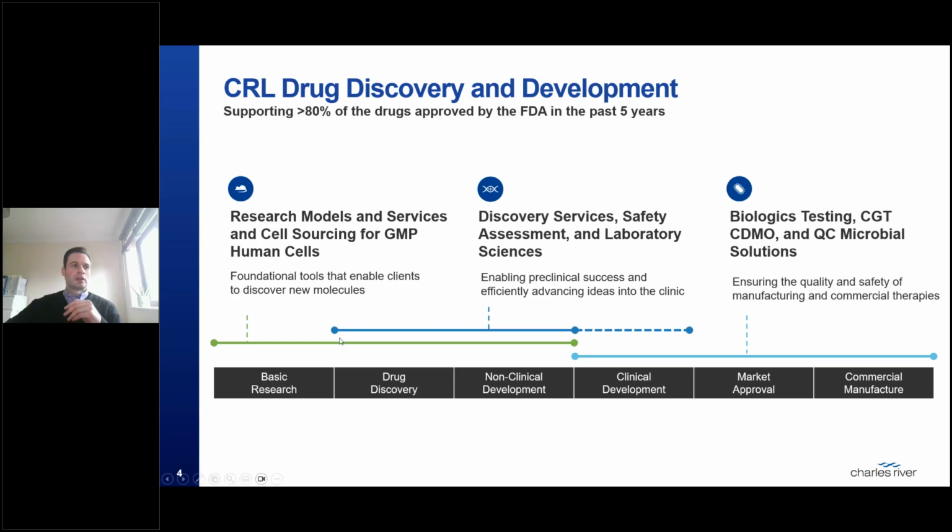So Charles River covers all stages of pharmaceutical research, starting from basic research to commercial manufacturing. My department belongs to the discovery services that cover all early drug discovery and non-clinical development stages, and some aspects of the clinical development.